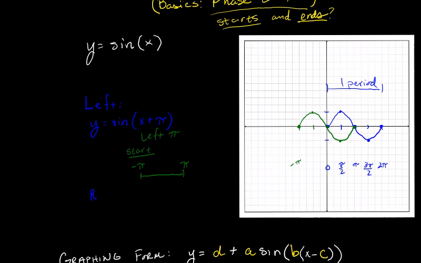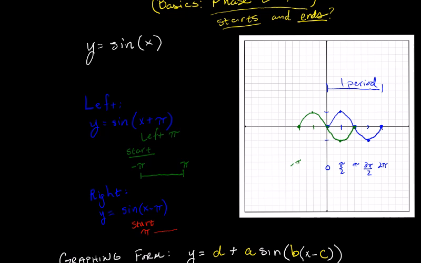A shift right would look like this. It would be y equals sine of x minus pi. And so even though it looks like it's negative, it's not. It would shift to the right pi. And so now you would start at positive pi, right? That's where the graph would start.